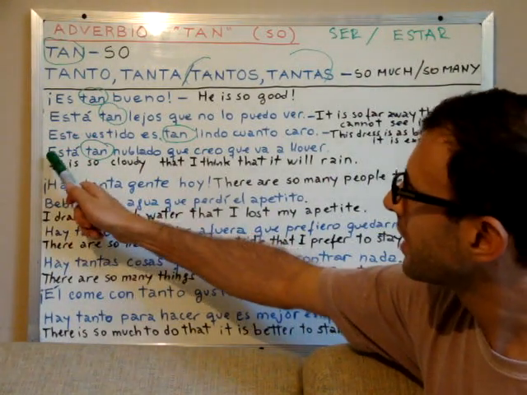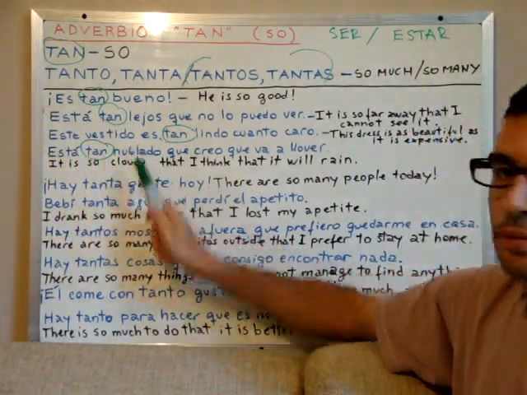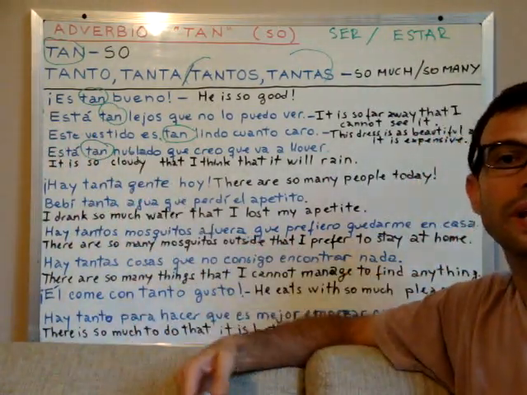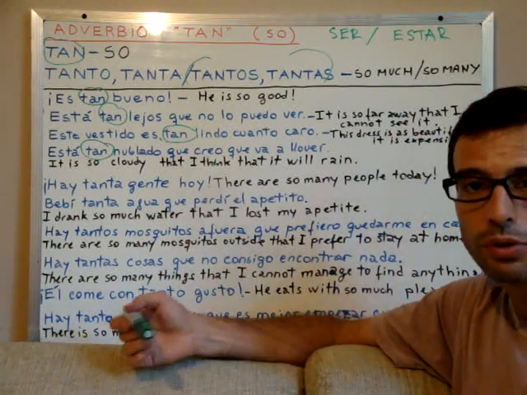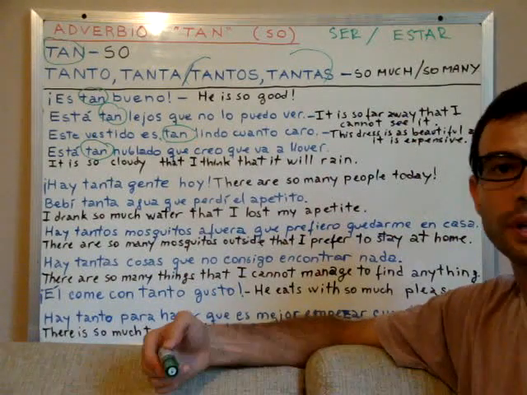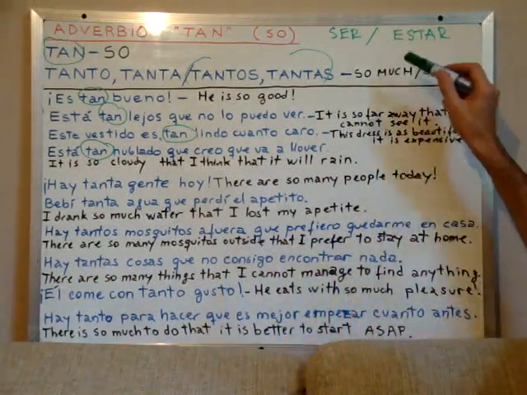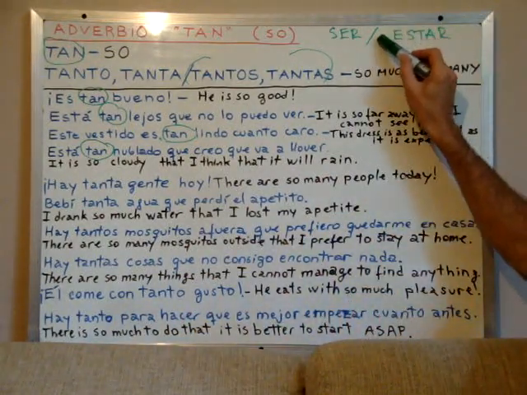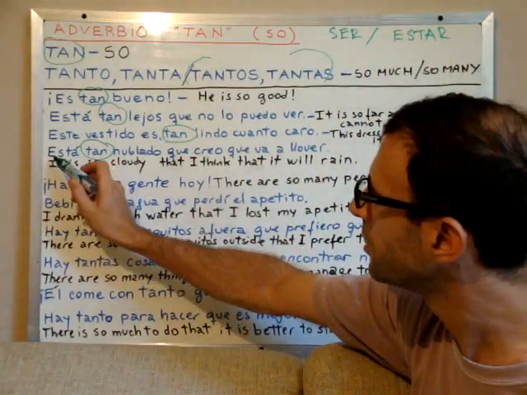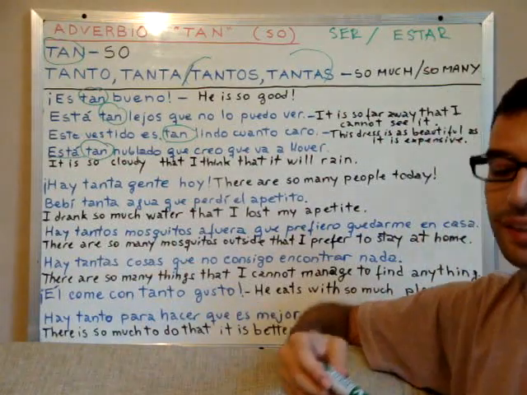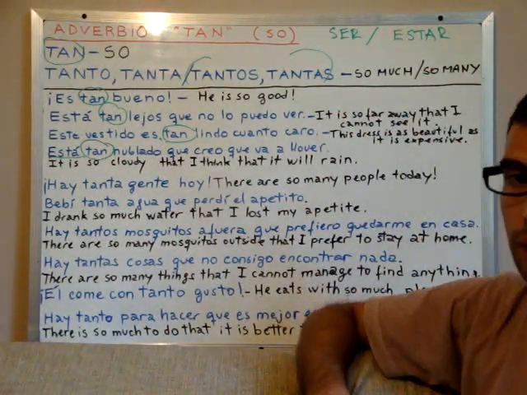And look at this. It is so cloudy. Cloudy, the state of the weather condition, is something very mutable, right? It's not permanent. So we use the verb estar instead of the verb ser. That's why here we use the verb estar. It is so cloudy.